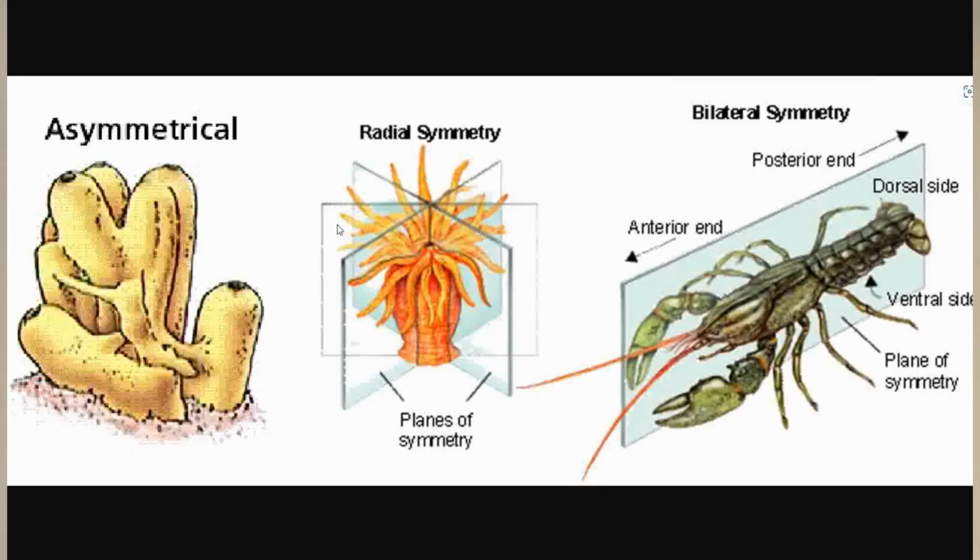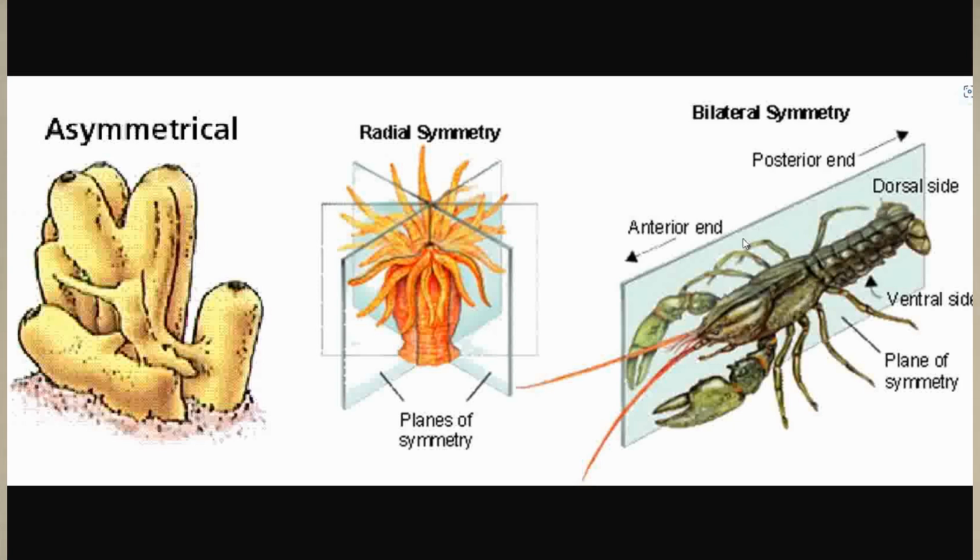When you have an organism and you divide it across a plane, if you get equal halves, that you have the left side and the right side, then that organism is said to be bilaterally symmetrical, and you can only achieve this in one plane.